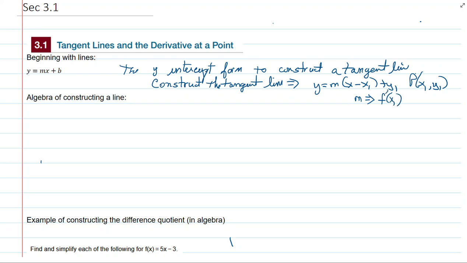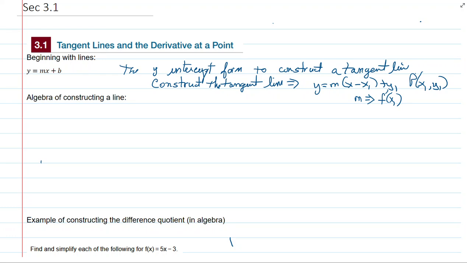And I'm going to use the prime notation because my slope is the derivative. All right. So we understand now that we've got to get it into the y equals mx plus b form for the tangent line. And we understand that that's what I'm going to be using so that nobody gets confused.